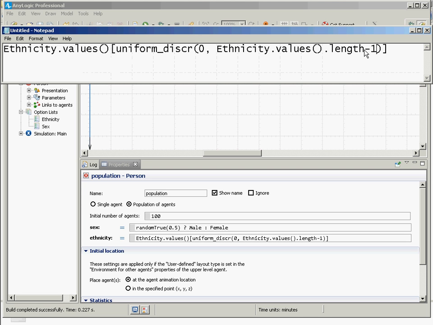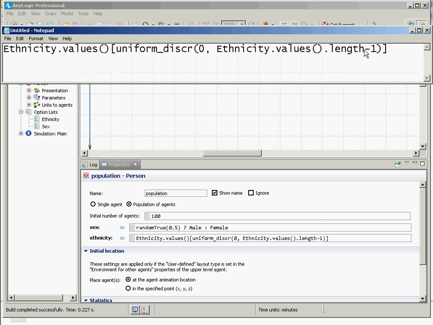Yeah. Okay. So what are we going to do here? We're going to figure out how many ethnicity values there are. That's this ethnicity.values.length. Are there 4 of them? Are there 3 of them? Are there 2 of them? Okay. If there's only 1 of them, in Java, this is going to be element 0 within this array.